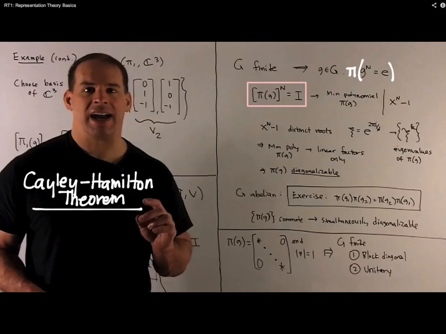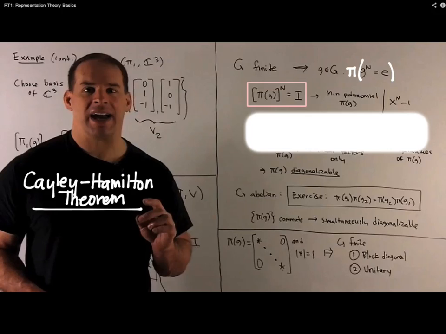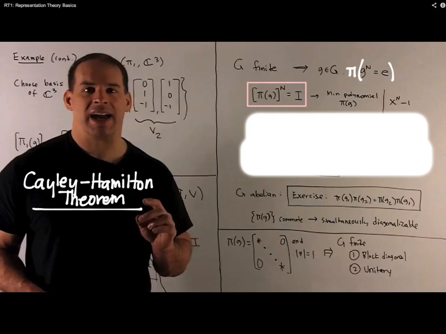Here's what happens: we're going to take both sides and subtract the identity matrix from both sides of this. If we call pi of g, let's give it an easier name, let's call pi of g A or something, so that's kind of looking more polynomial-ish. So we have A to the power n minus the identity matrix is equal to the zero matrix.